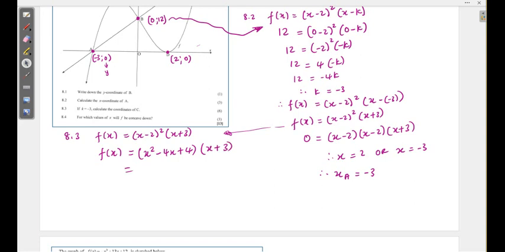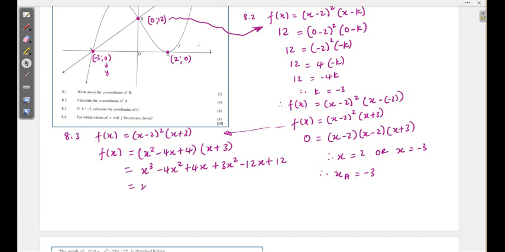Then you multiply inside: x times x squared gives x cubed, x times negative 4x gives negative 4x squared, x times 4 gives 4x. Then 3 times x squared gives 3x squared, 3 times negative 4x gives negative 12x, and 3 times 4 gives 12.